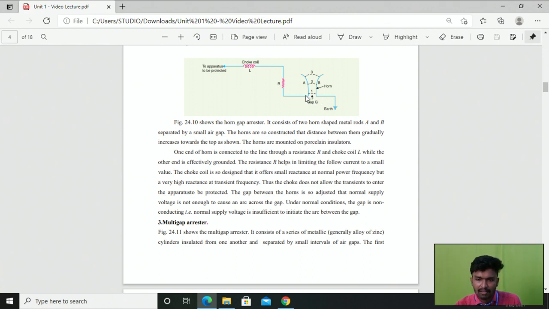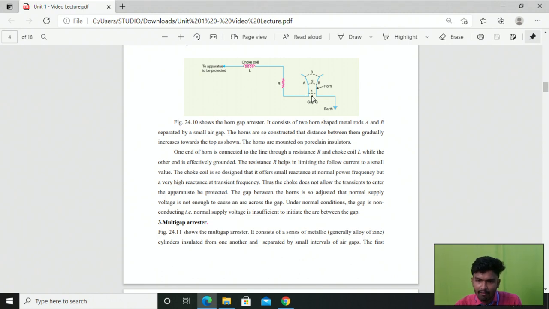So if an arc is not created, the normal operation is continuous, right? But on the occurrence of any fault or any surge, at that time we have enough voltage to create the arc between these two metal rods.